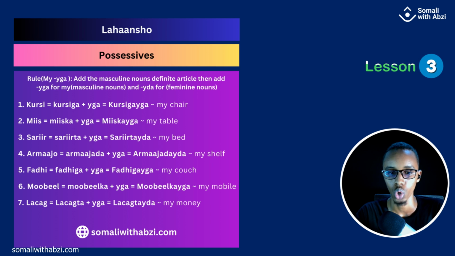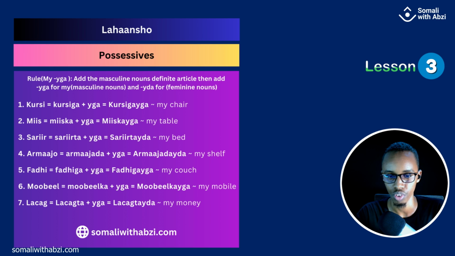For example, kursi is a masculine noun. Add the definite article, which is ga. That is kursiga plus ya, ga at the end. That will be kursigayga, my chair. And sarir is a feminine noun, so add the definite article, that is sarirta, and add ya-da at the end, sarirtayda. Alright? So miis, it's miiska, plus yga, that's my, so miiskayga.